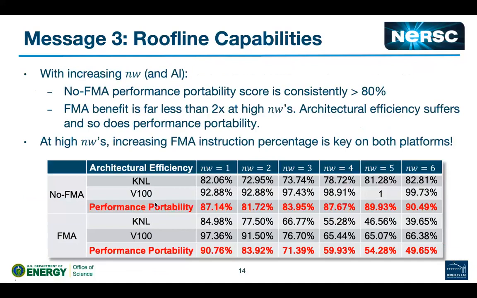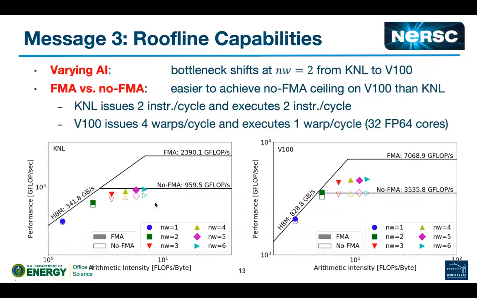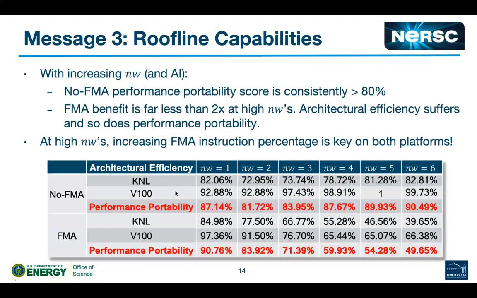And with these dots, we can calculate different architectural efficiencies, and then we can use the metric proposed by John and a few others at Intel to calculate a performance portability score.